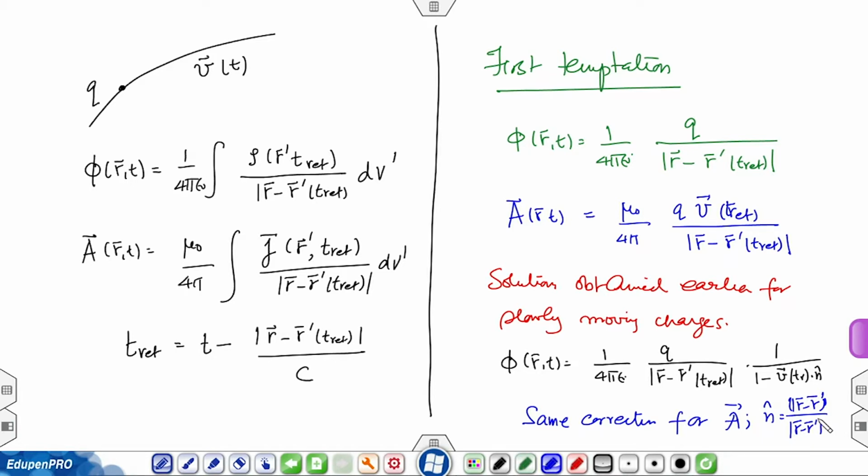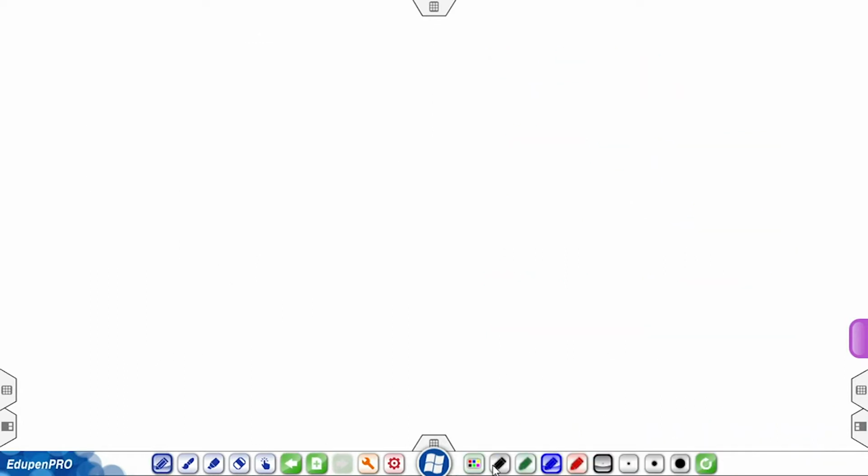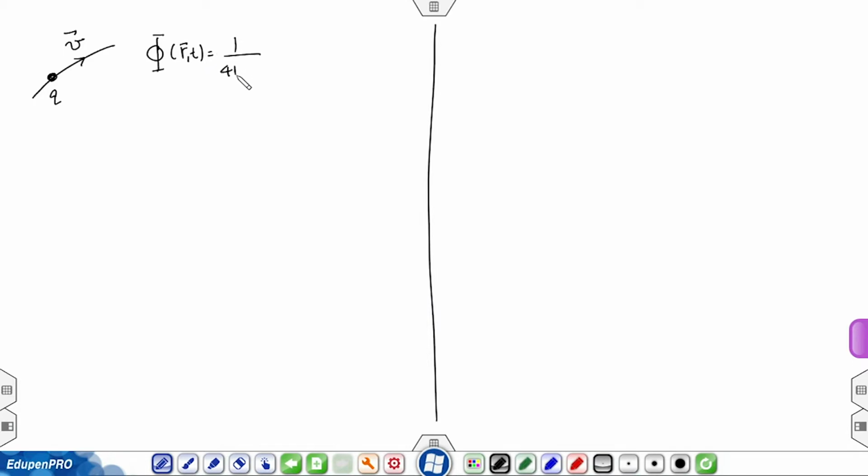Let me rewrite this on the next slide and then we can discuss it more. So, what we are saying is that if there is this charge q moving with velocity v, the scalar potential phi r t is equal to 1 over 4 pi epsilon 0 q over modulus r minus r prime at t retarded, that is the position of the particle.